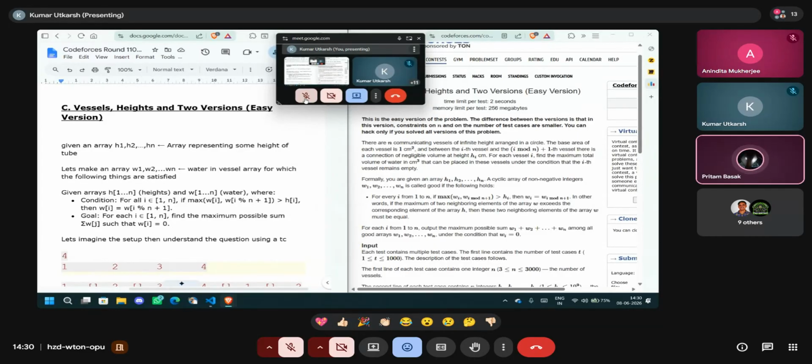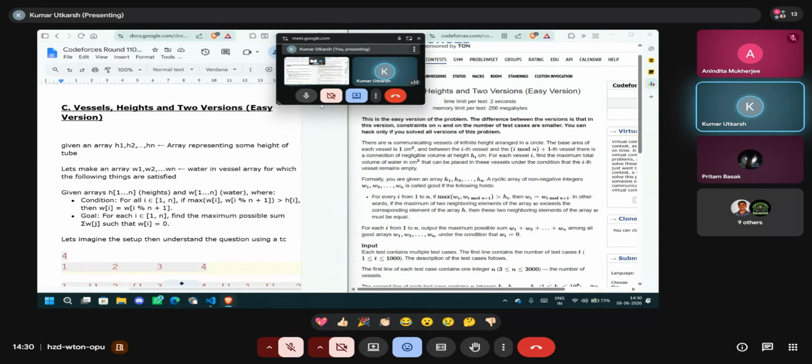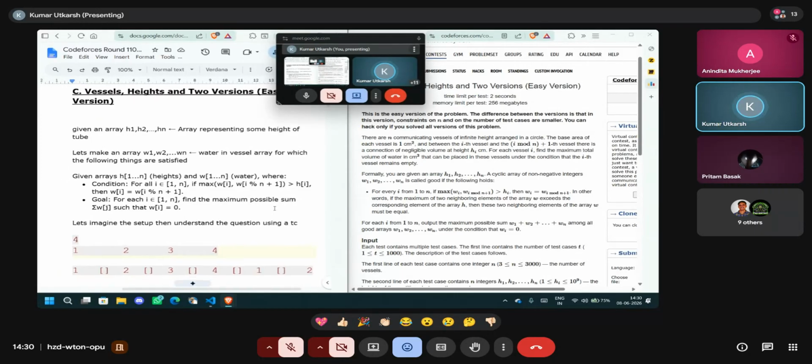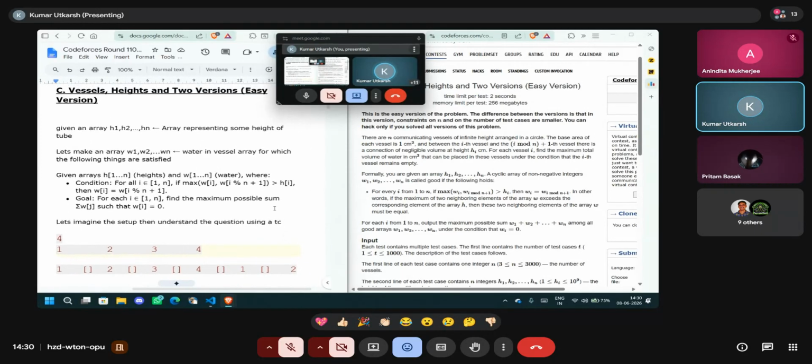And for that, what should be the maximum height we can gain for the other vessels? Yes, above the other vessels, right? So I guess you are somewhat clear with the question. It's just that you cannot explain it in words because the question itself is very visual.